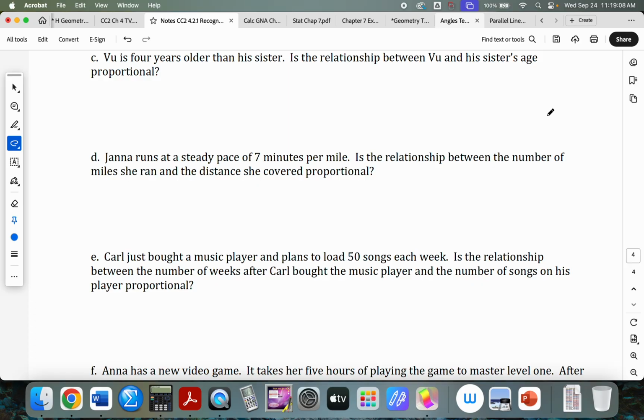Depends on their birthday. They'll be the same. 4 years older than each other. By the end of the year, they'll be 4 years older.